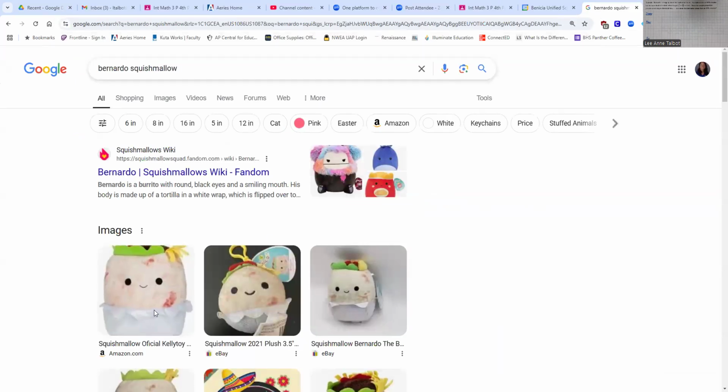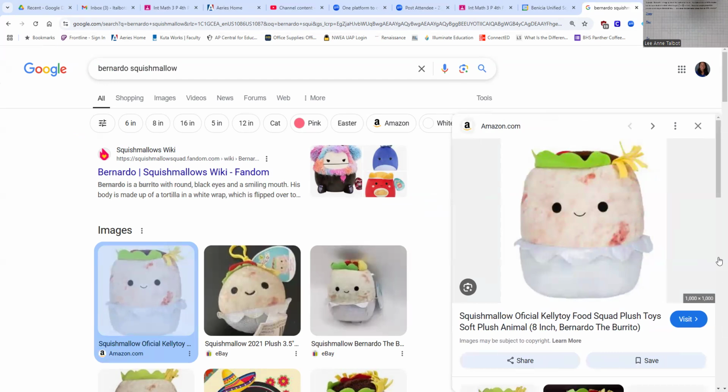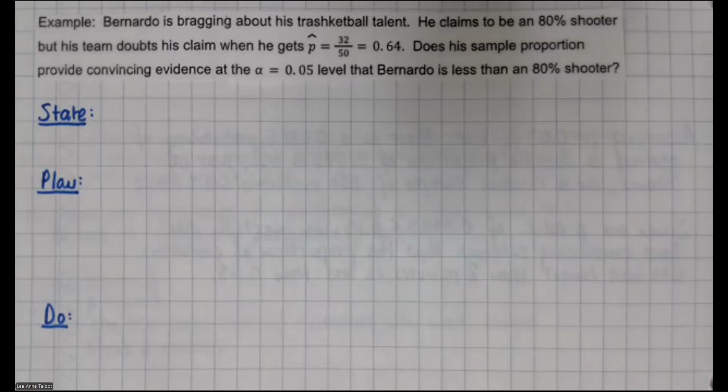This is Bernardo, by the way. He's a burrito. Oh, I have this clip too. There's no way I don't have the clip. So that's gotta be 4. I think we have deduced that I have 4 Bernardo Squishmallows at home. I know, something's wrong with me.